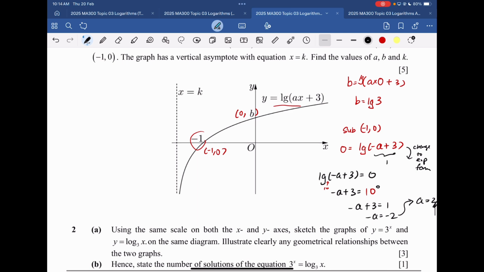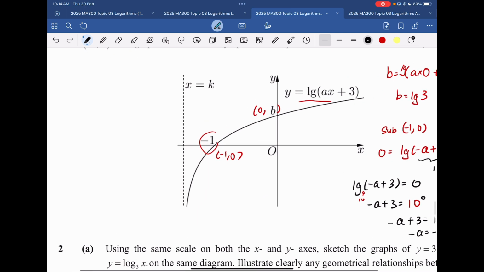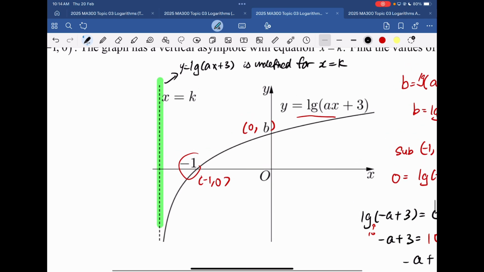If you are stuck at how to find k, I'll just give you an idea. This is what we call an asymptote. Asymptote means that your log function is undefined. It means that log of ax plus 3, y, is undefined for x equals k.